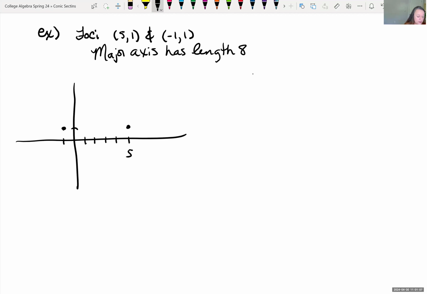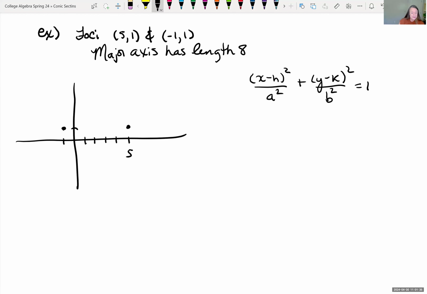So in order to find this equation, I know foci are always on the major axis. So this is going to be elongated with the x-axis. And so I have x minus h quantity squared over a squared plus y minus k quantity squared over b squared. This is just the standard form, equals 1.